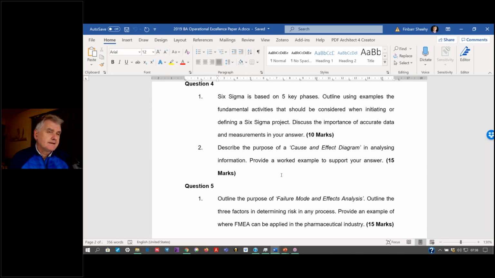So again, I'm not necessarily saying, what's the define phase, what's the measure phase. In some cases, I may have asked it in the past, but it's unlikely I'd be asking that this time around. It's more about give us an example, talk about the importance of it, that kind of stuff.